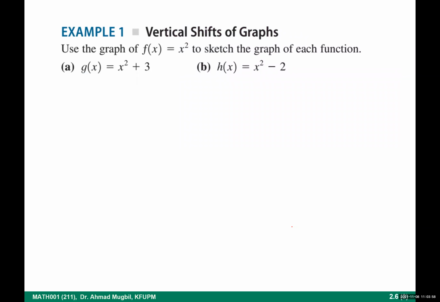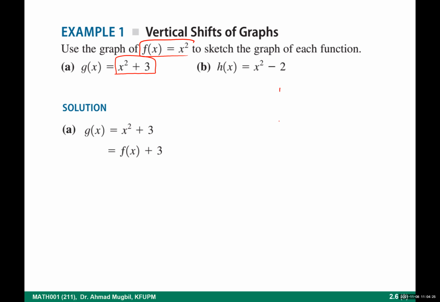For instance, g of x equals x squared plus 3. You should think about the original function. What is the basic function here? It is x squared, the squaring function. What is the relationship between g and f? g is obtained from f just by adding, so we can say that g of x is just f of x plus 3.